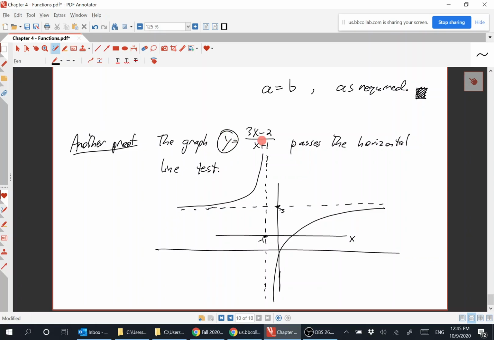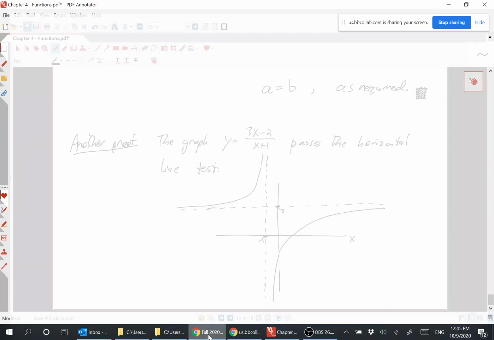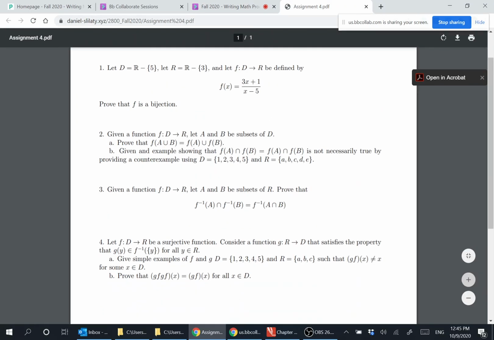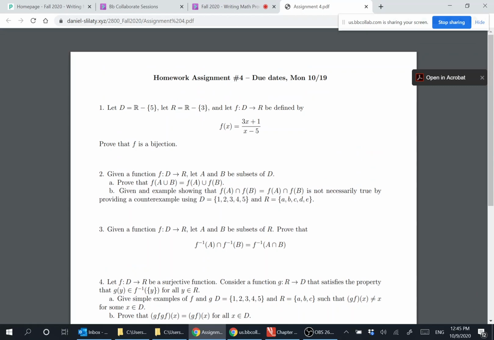And that says that there's only one domain element that hits that particular range element. Okay? So on the homework, the first problem is the same thing here. Well, you have to show it's a bijection, so it's 1 to 1 and onto, and I'll explain what onto is in a moment.